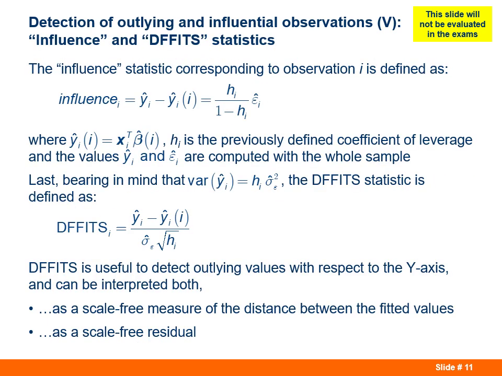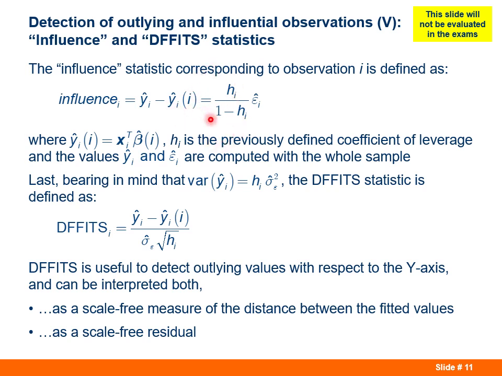There are two other statistics that Gretl provides and that will not be evaluated in the exams. These are called the influence and the DFFITS statistic. The influence statistic is the difference between y sub i hat minus y sub i hat computed without the ith observation.